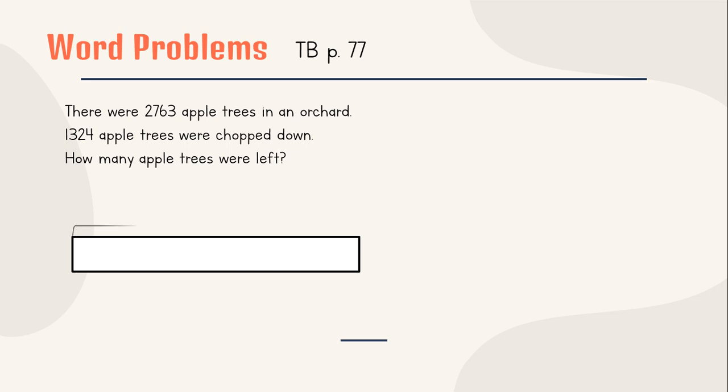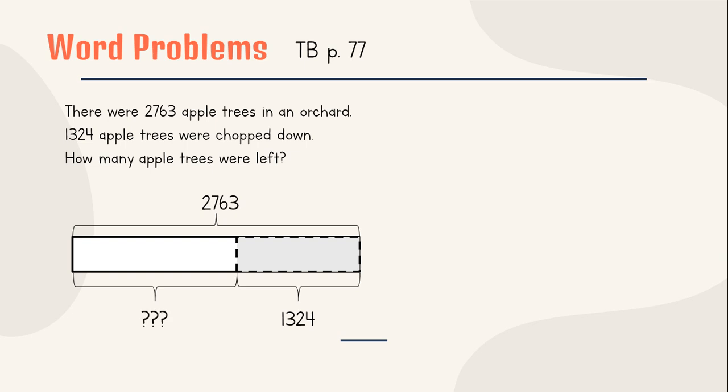So at first, how many are there? 2,763. And some of the trees were chopped down. How many? 1,324. Nah, this one is chopped down. Artinya nggak ada lagi di model ini ya. And then the question asks you, how many apple trees were left?